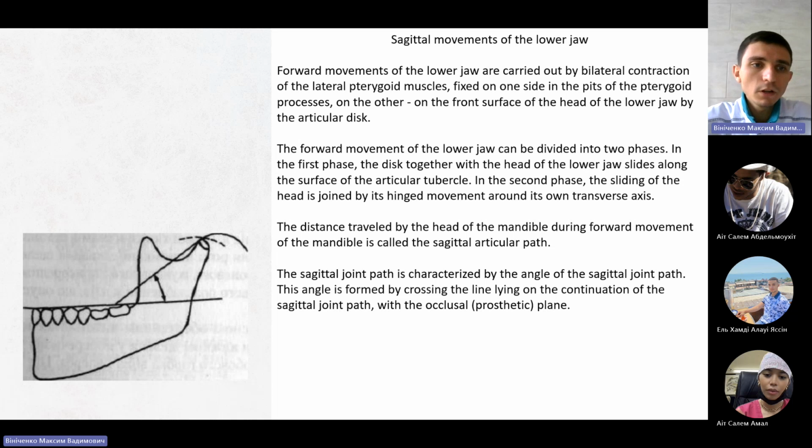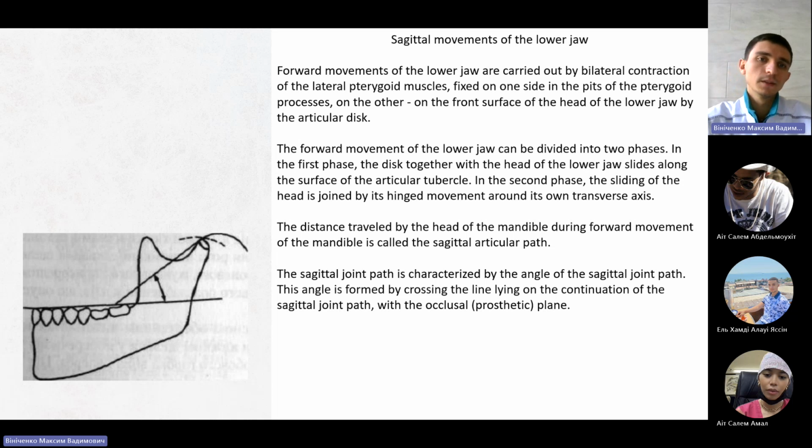Forward movements of the lower jaw are carried out by bilateral contraction of the lateral pterygoid muscles, fixed on one side in the pits on the pterygoid process, on the other on the front surface of the head of the lower jaw and the articular disc. The forward movement of the lower jaw can be divided into two phases.